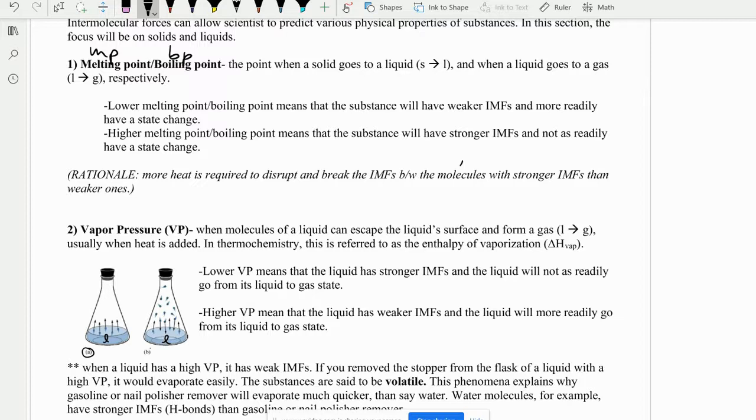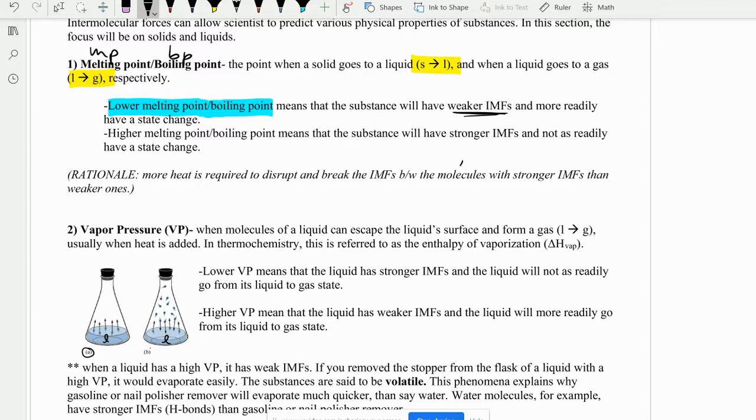Anyway, melting, that's going from a solid to a liquid, and boiling is going from a liquid to a gas, respectively. So why do substances have different boiling points and melting points? Well, generally speaking, substances that have lower melting points and lower boiling points have weaker IMFs between the molecules.